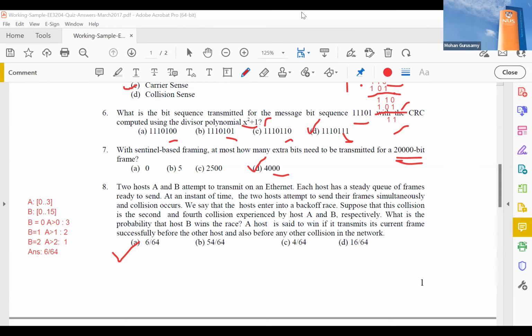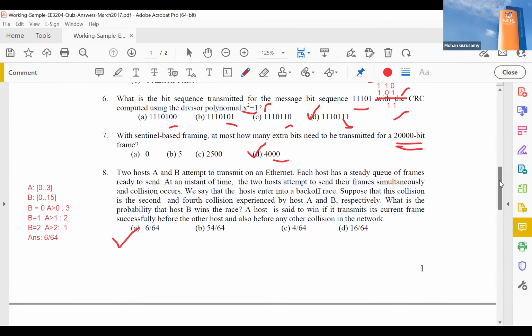Not in the local area context within our organization, but mostly to connect routers by a link. Is it okay? Yeah, thank you so much. Because I talk about extra bits, you can infer that it's bit stuffing, not byte stuffing.